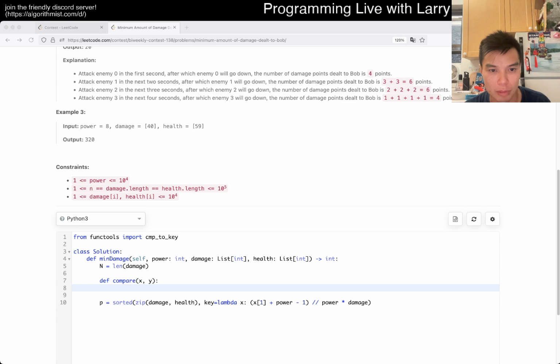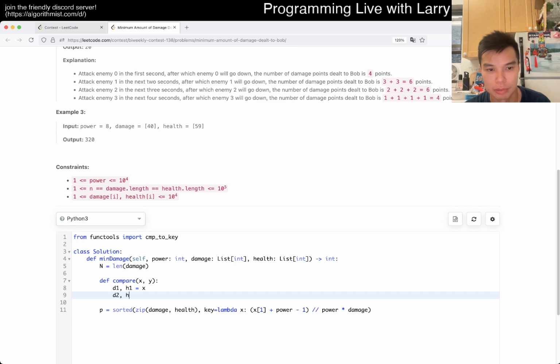And then now it's basically okay. So if D1 health 1 is equal to X, D2 health 2 is equal to Y, right?